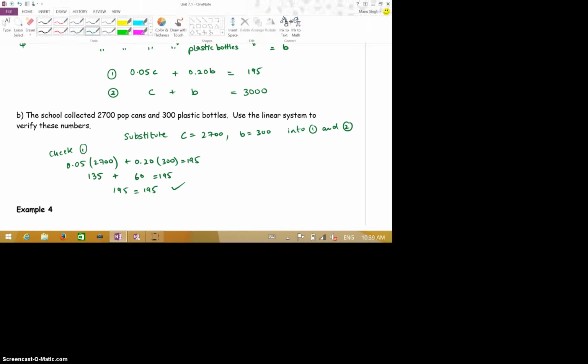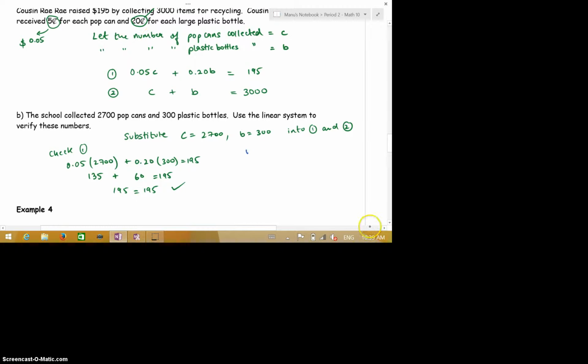Similarly, I can check equation number 2. Equation number 2 says C plus B has to equal 3,000. So that means 2,700 plus 300 has to equal 3,000. Which means 3,000 equals 3,000. Right?